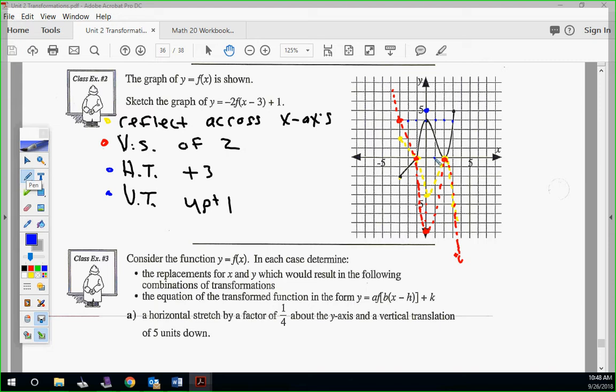So right 3, up 1. Right 3, up 1. Can do this one down here. Right 3, up 1, still not quite there. Okay, so it's moved right 3, up 1.